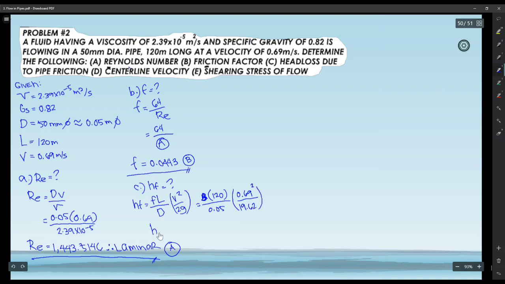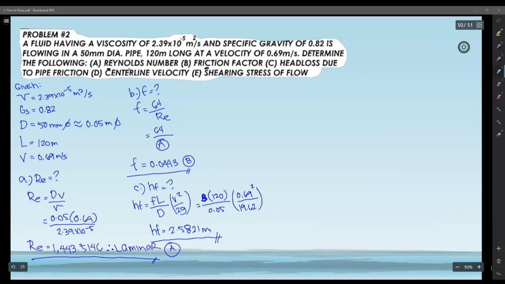Okay, so we will have the value for head loss. Sabay-sabay natin pindutin: yung B mo times 120 times 0.69 squared divided by 0.05 divided by 19.62. So, ano napindot nyo, guys? Napindot ko dito is 2.5821. So, ang unit natin will be in meter. Okay, so ito yung sagot for letter C.